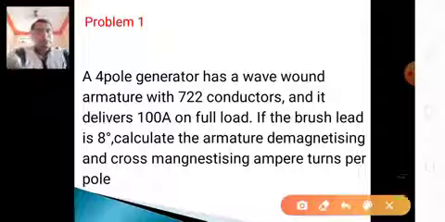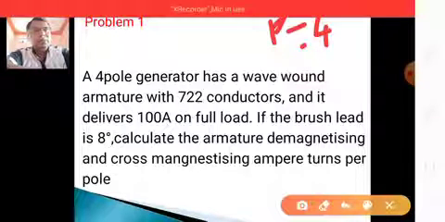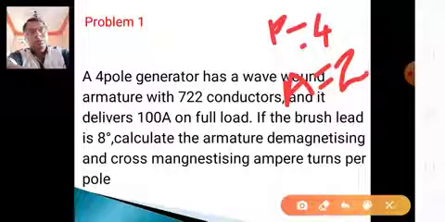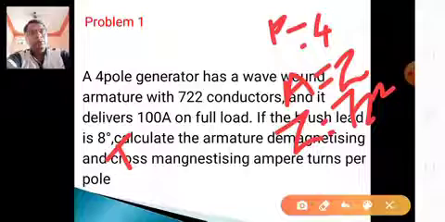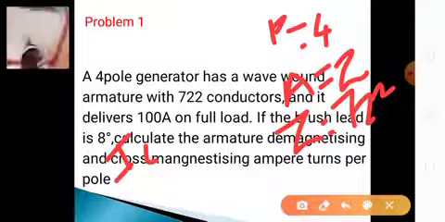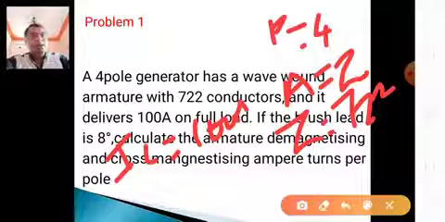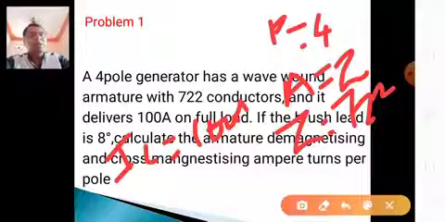So it is a 4-pole generator, P equal to 4, wave wound, so the number of parallel paths is 2, armature conductors Z equal to 722, and load current IL equal to 100 amps.